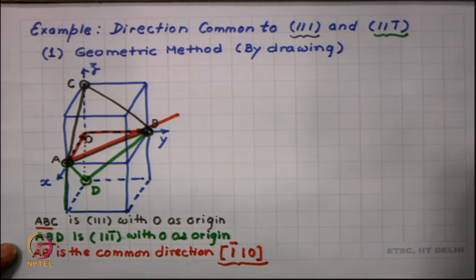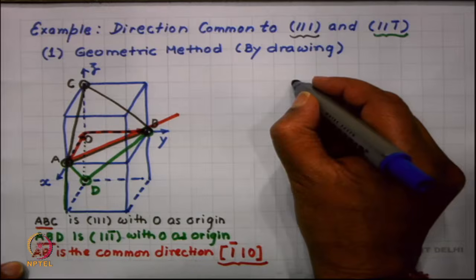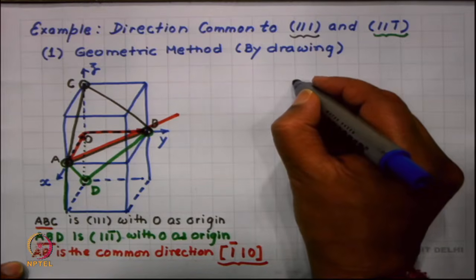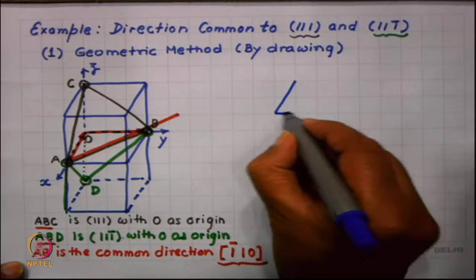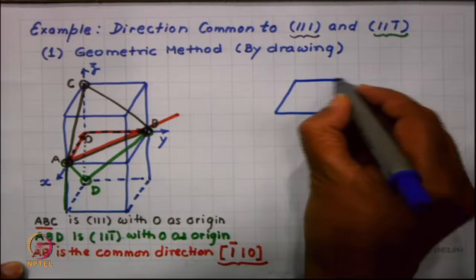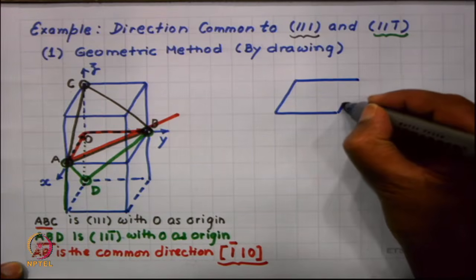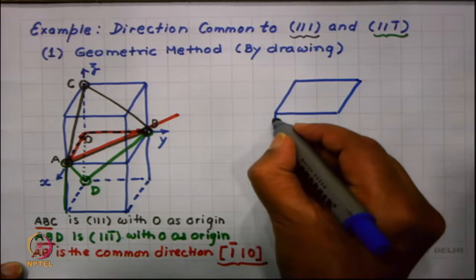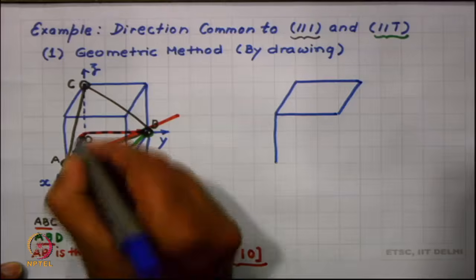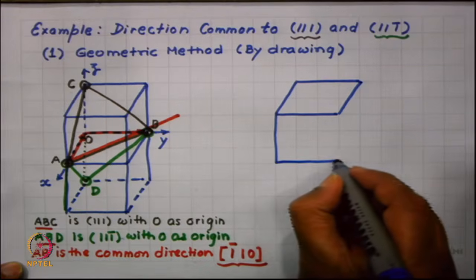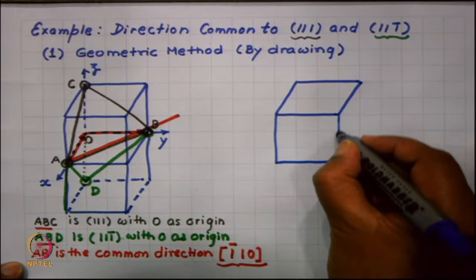So, I have solved the problem of finding the common direction to these two planes by actually drawing. Let me try to draw the same thing in a different way. Suppose I am fond of my unit cell and I do not want to change. In the first case, I was fond of my origin and I did not want to change the origin.